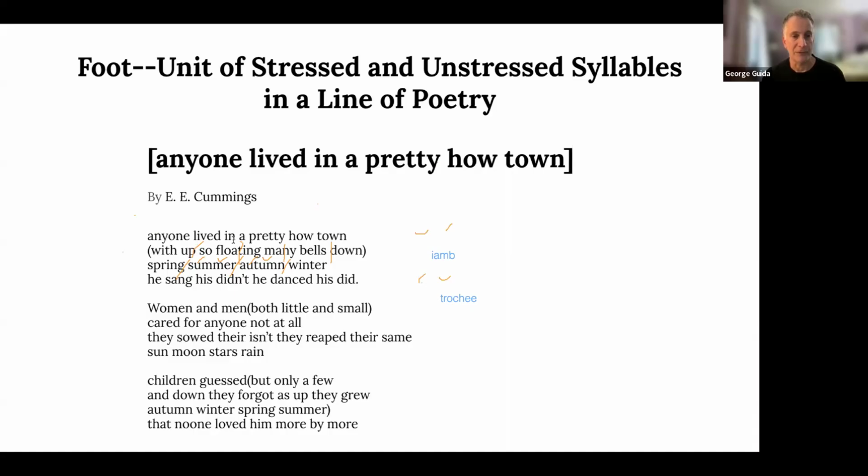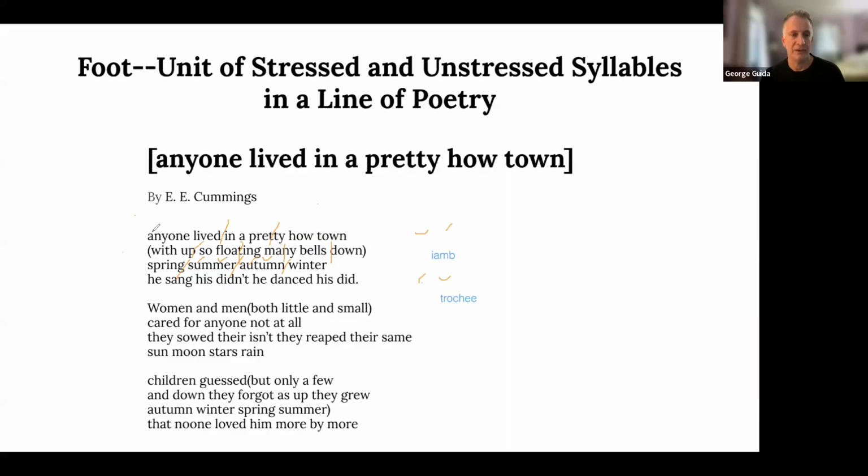We're moving from a focus on this person, right? Anyone lived in a pretty, and in fact, the first line is a different rhythm, the focus on the person. Anyone lived in a pretty how town. Da, da, da. So anyone lived in a pretty how town. If we take it from here, in a pretty how town.